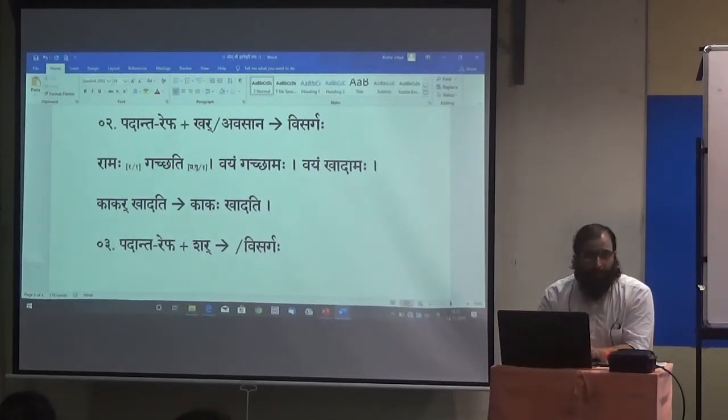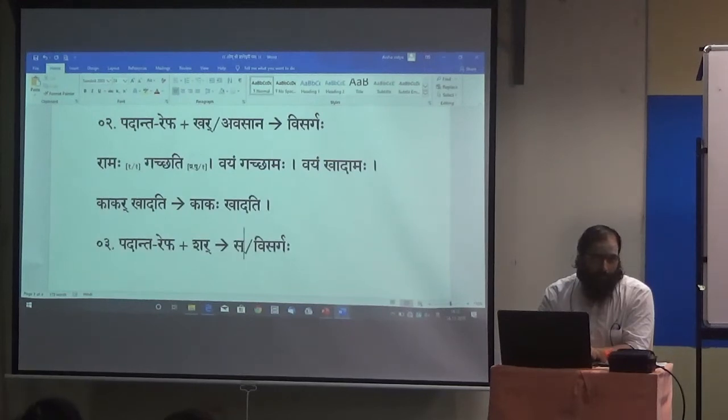Padanta Repa plus Shar. What happens is that Repa will be replaced by Sakara, or Repa will be Visarga. Two possibilities are there. The Visarga possibility is because of the previous rule.